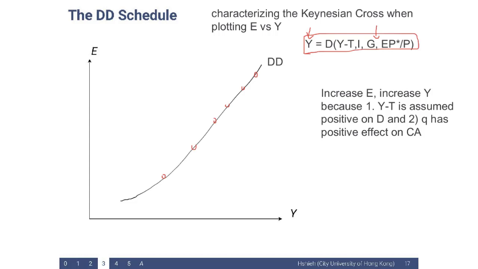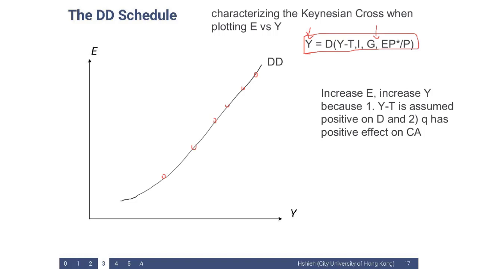And based on this explanation here, we know that the relationship between E and Y is what? Is it positive or negative? Yes, positive. So if we were to characterize E and Y for aggregate demand, it must look something like this, right? Something like that.